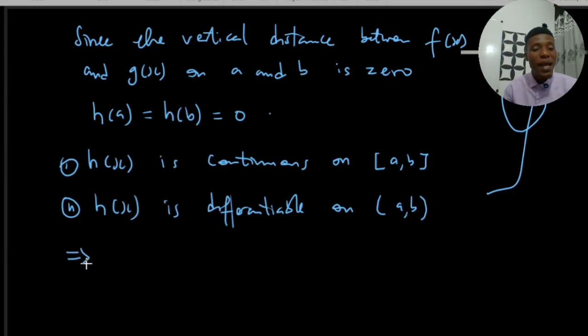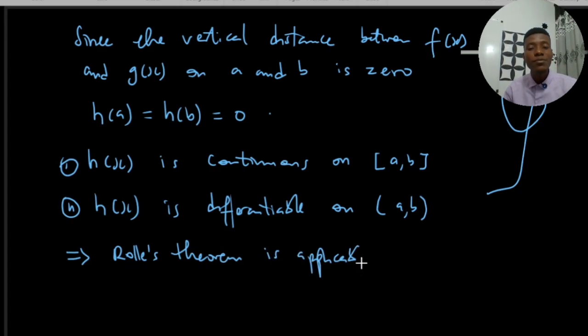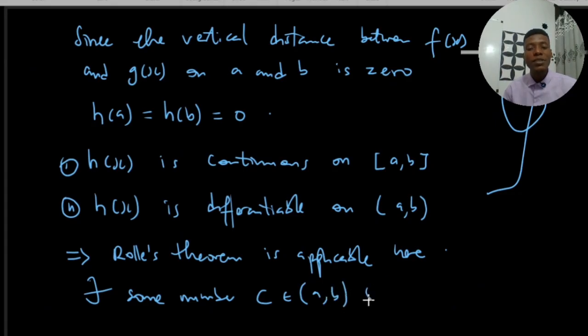So this implies that Rolle's theorem is applicable here. So now, which means that there exists some number c, which is a member of a comma b, such that h prime of c is equal to 0.